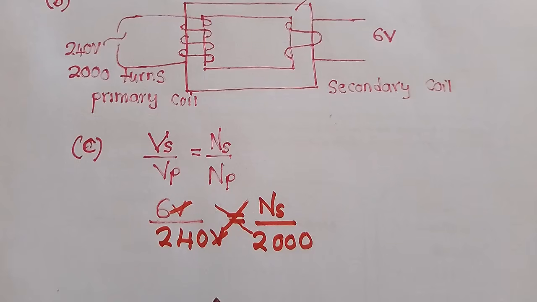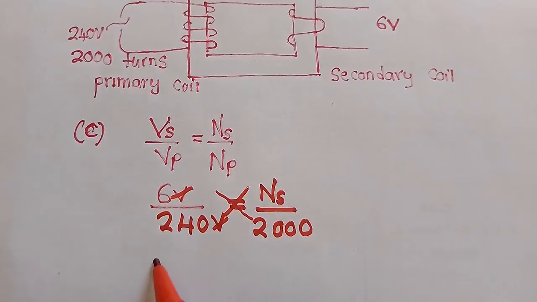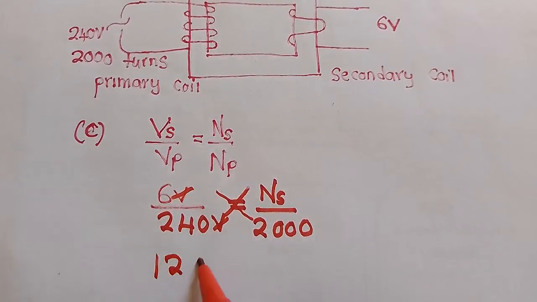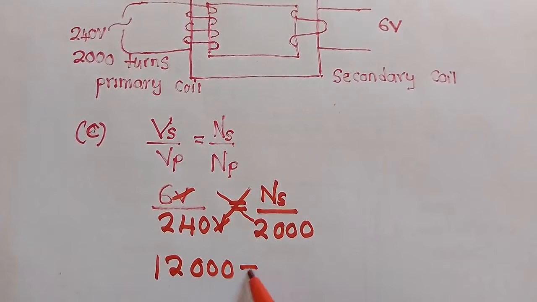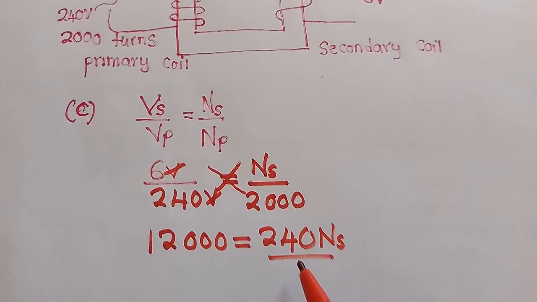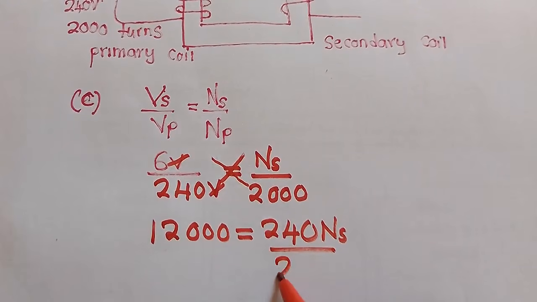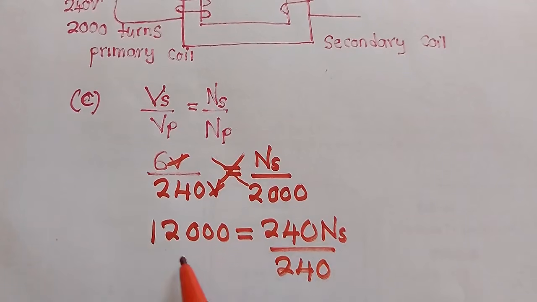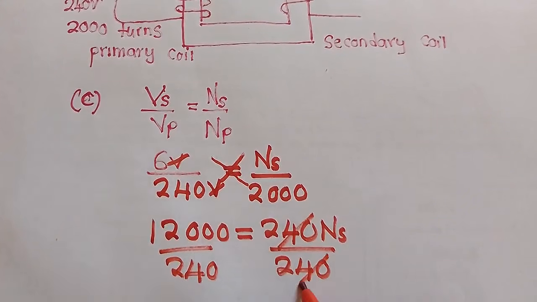So 12,000 is equal to 240 times the number of turns, 240 Ns. Then you divide both sides by 240, so that will be cancelled on this side.